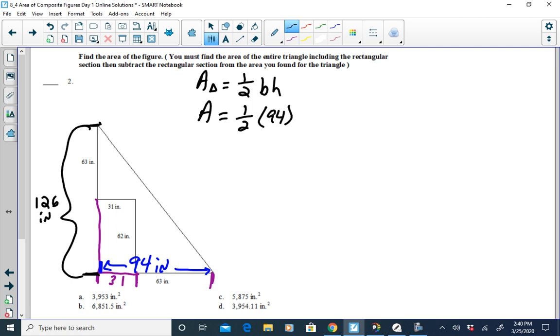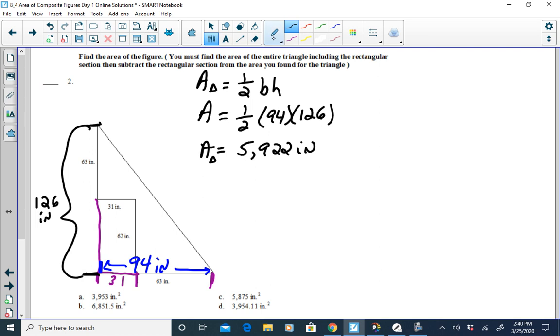So 94 times 126, you can go ahead and use your calculators for that. Then we have to divide that by 2, and we wind up with 5,922, and those are square inches. That's just the area of the triangle.